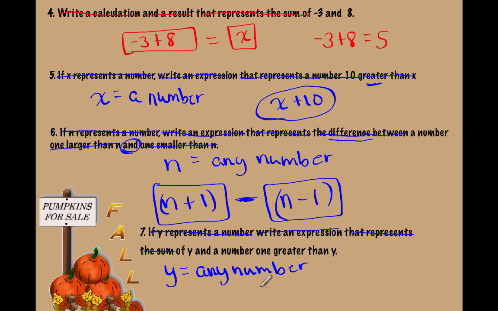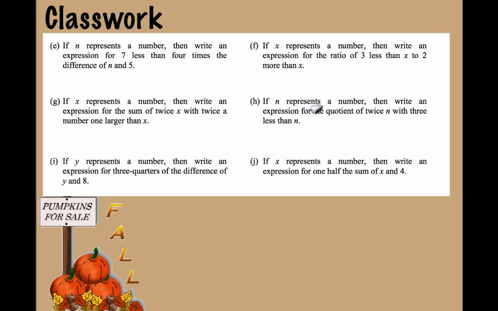Okay, sum means I'm adding. So again, I'm adding two numbers. There's my two numbers. I don't know what goes in these boxes. Let's figure it out. What am I adding? The sum of y. Okay, here's y. And that means to jump to the other box, a number 1 greater than y. Y plus 1.